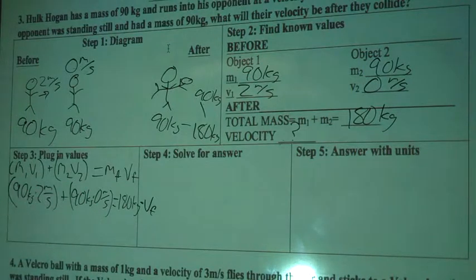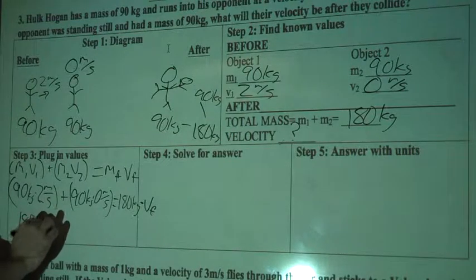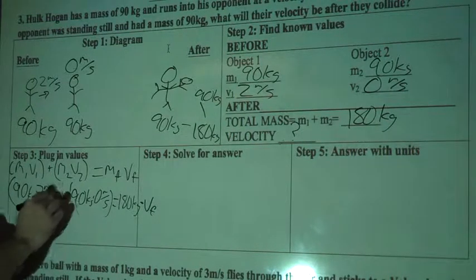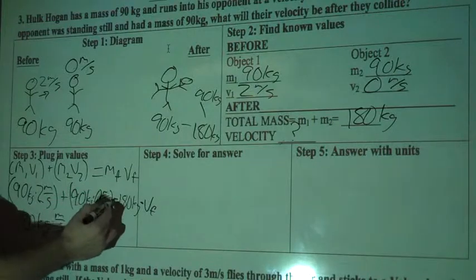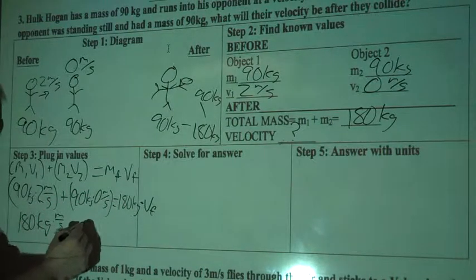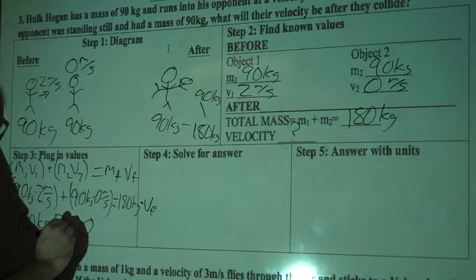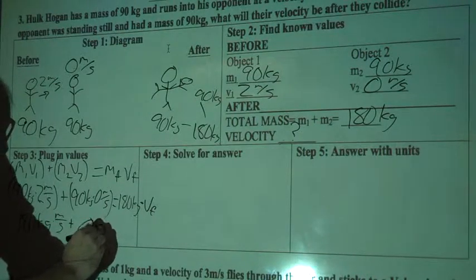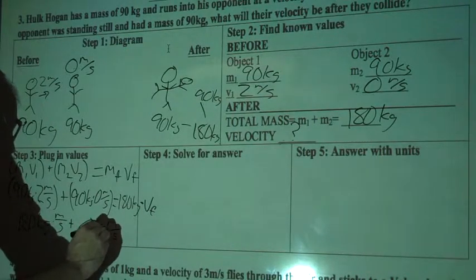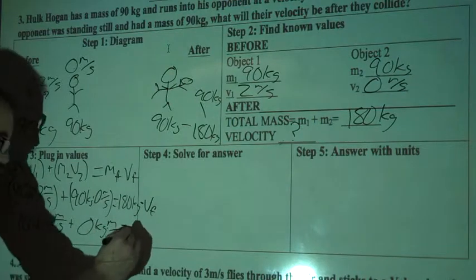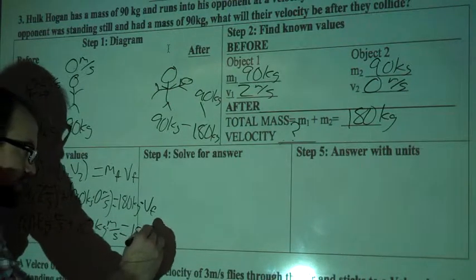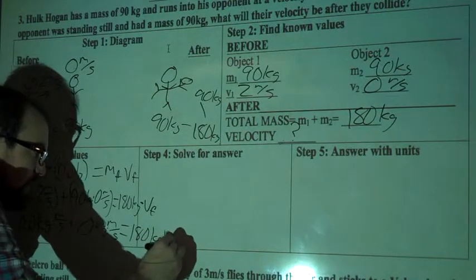We're going to do the second step right beneath it. 90 times 2 is what? 180. So I've got 180 kilogram meters per second, and then over here 90 times 0 is going to give me 0 kilogram meters per second, and then on the other side I've still got 180 kilograms and then VF.